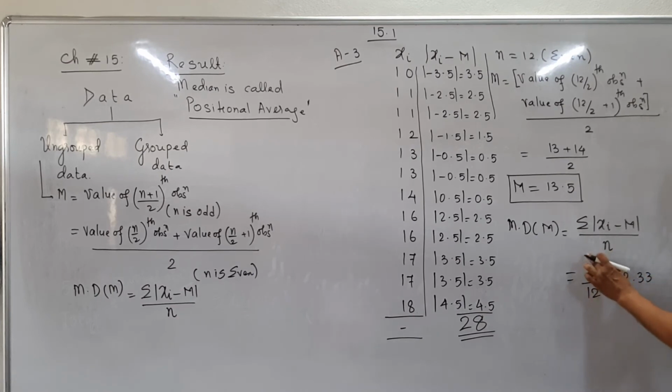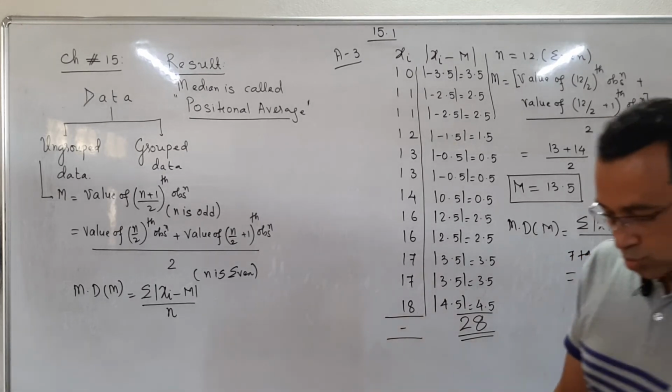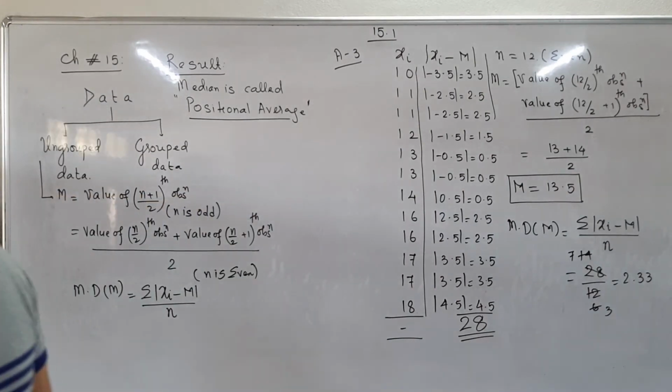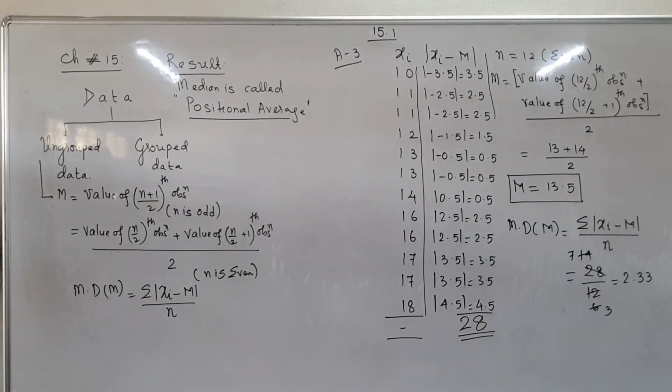Divided by 14, divided by 14, divided by 6, divided by 7. Then also we get the answer 2.33. So here you shouldn't be in a hurry. I am going very slow to make all your fundamentals very clear.